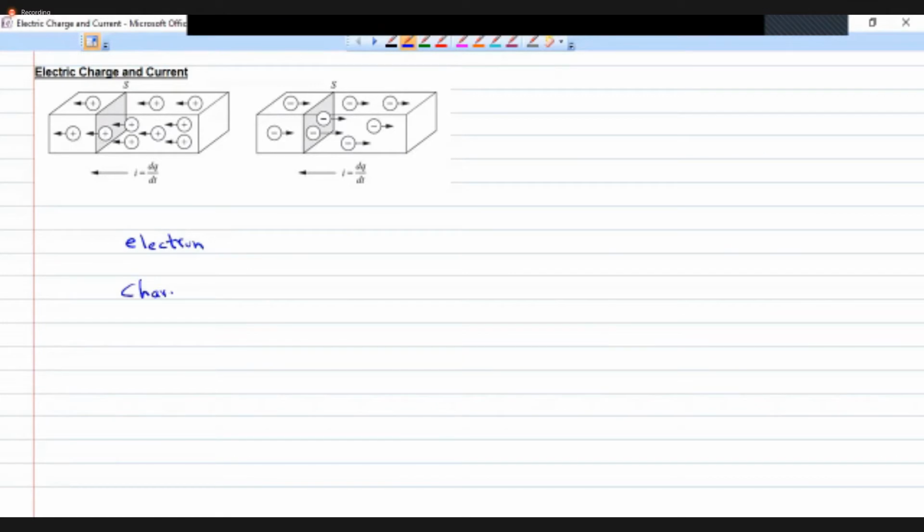Coulomb. Charge is measured in coulombs, and the symbol is capital C. Current is when the charges start to flow. By definition, current is the rate of flow of these charges.